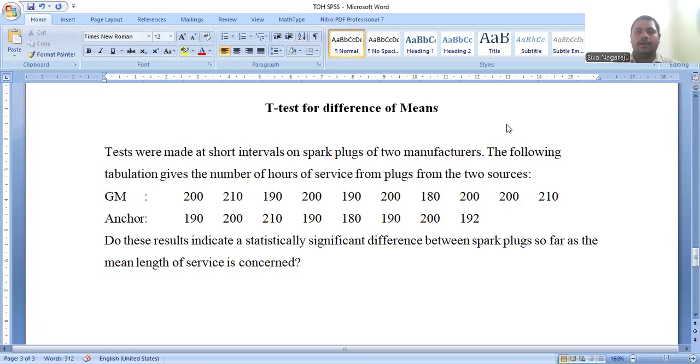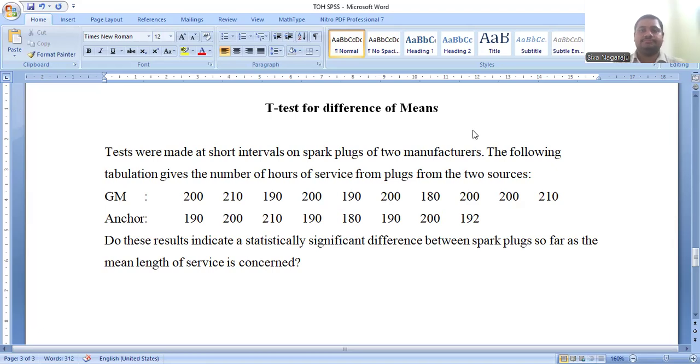But now the companies have given some strong evidence that the plugs can be controlled for a certain period. They have taken random samples from two different brands and recorded for how many hours they worked.